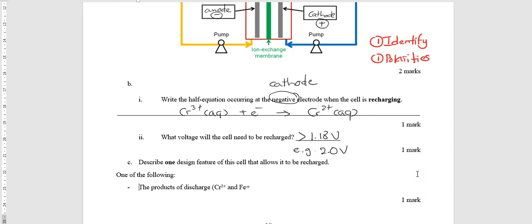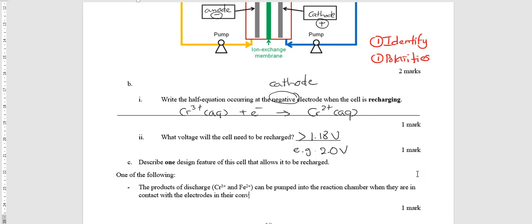The product of discharge can be pumped into the reaction chamber when they are in contact with the electrode in their convertible form.